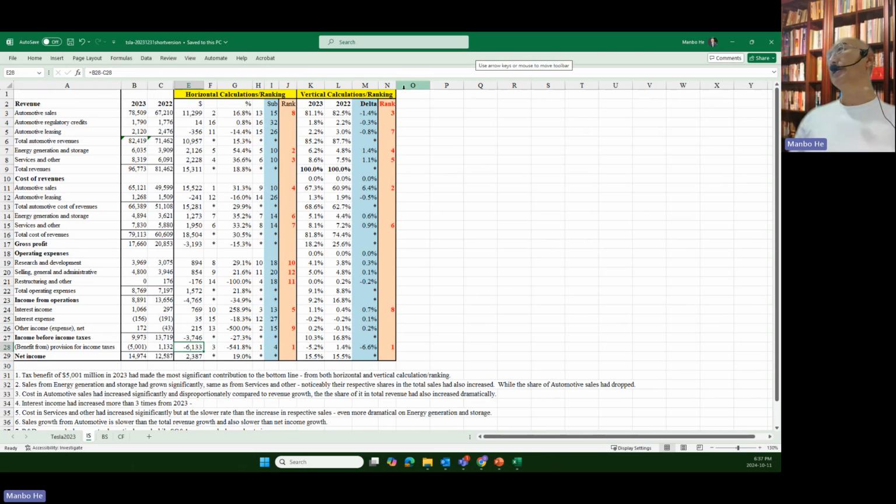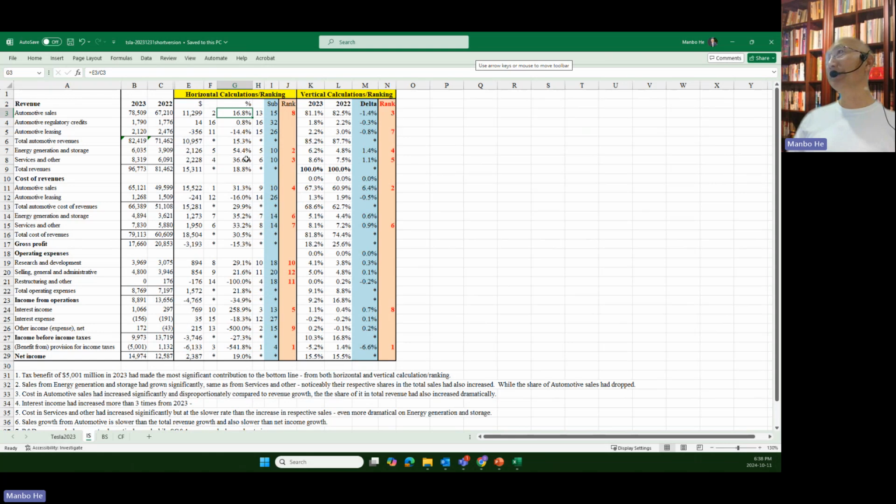You can see from here, when we do a percentage comparison, you just use the difference divided by the number from 2022. That's the base year. We're comparing everything in 2023 to the base year, which is 2022. So in terms of percentage, automotive sales revenue increased by 16.8%.